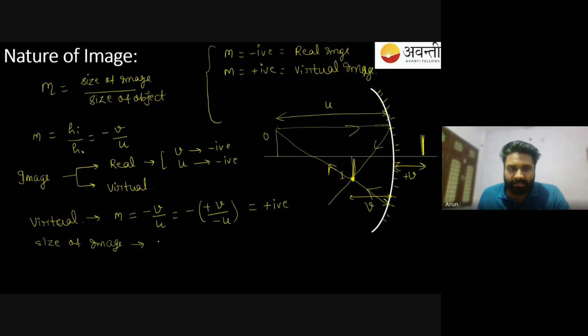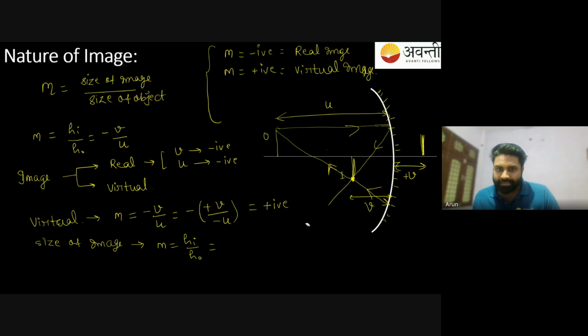Size of image is given by m is equal to hi over ho. Again, if hi is greater than ho, let me tell you with this example. If this is 7, this is 6, so 7 is greater than 6, so this quantity will come out greater than 1.